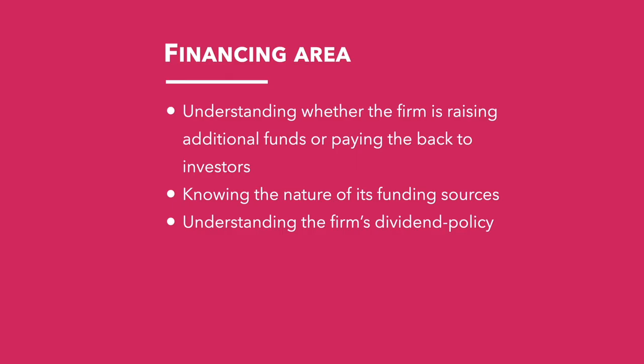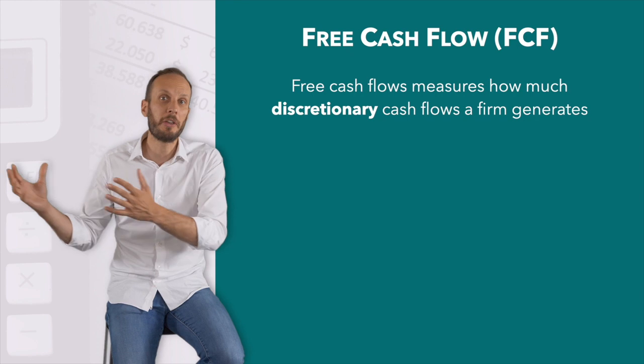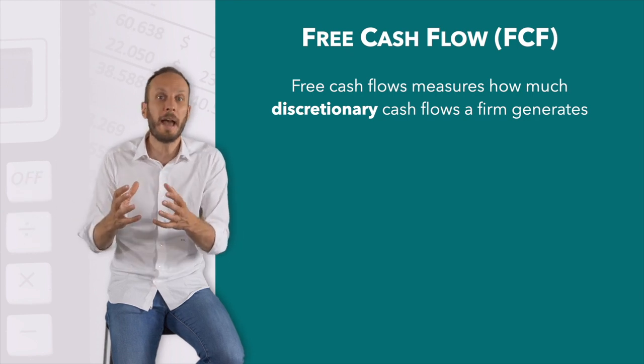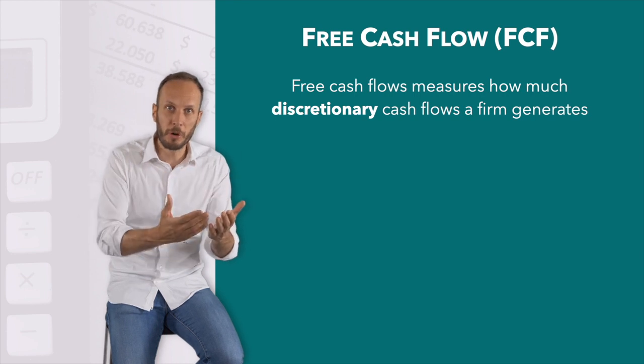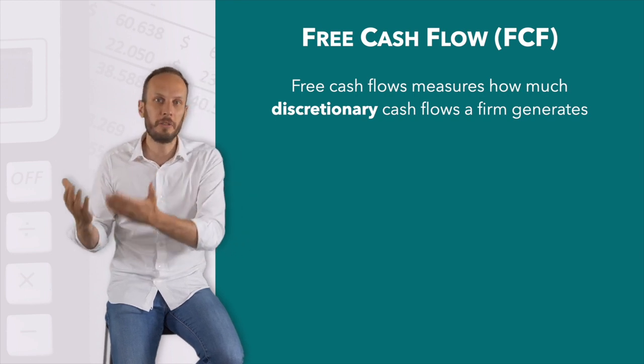Analyzing financing activities means understanding how the firm is raising capital from shareholders and debt holders and repaying this capital back. By knowing the nature of its funding sources and understanding the firm's dividend policies, we can analyze financing activities. Ideally, cash raised through a firm's core operation would be enough to cover for its investments, to support the business growing, and potentially to exceed them.